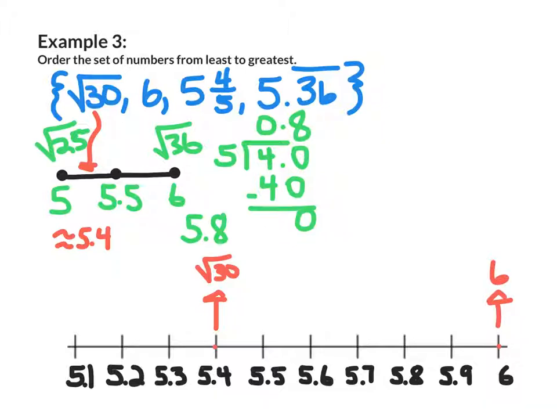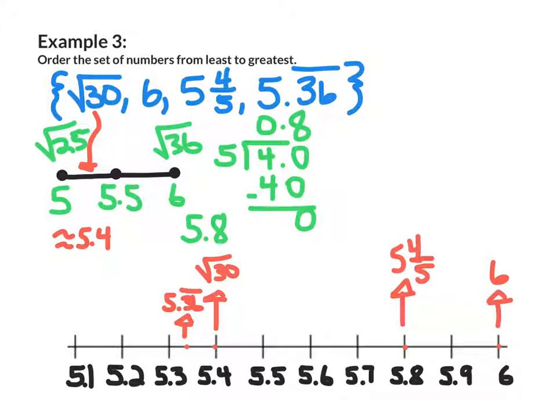Now 5 and 4 over 5 is 5.8. That one would be here. I'm going to label that 5 and 4 over 5. And then my last number is 5 and 36 being repeated. So that one would be about here. I'm going to label that 5 and 36 being repeated.